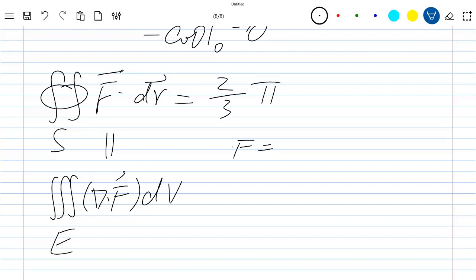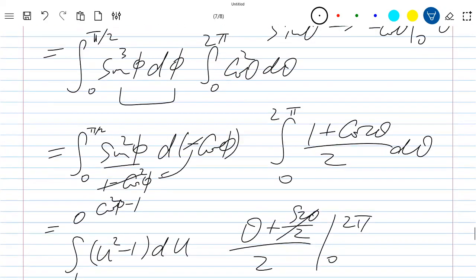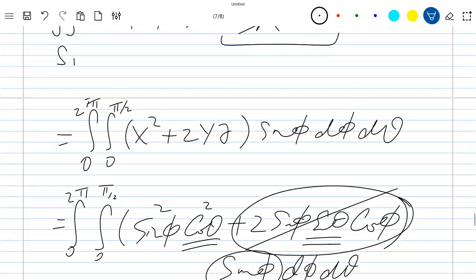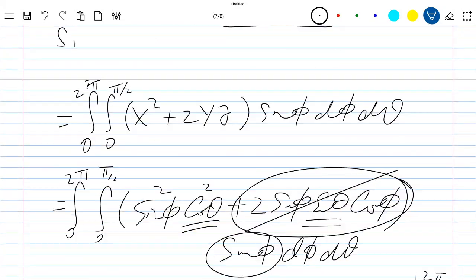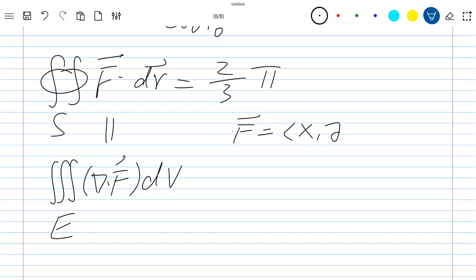F equals, double check, x, z, y. So divergence takes the x derivative, then you get 1, then the y derivative is nothing, the z derivative is nothing, so that's 1.